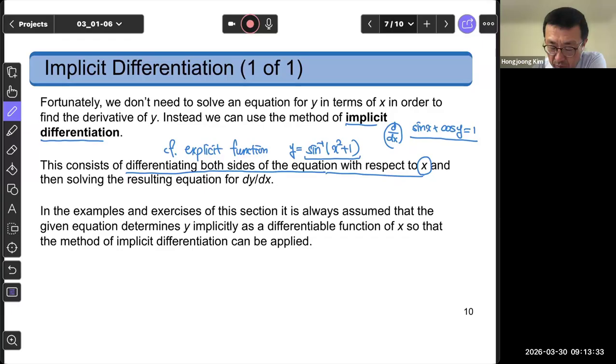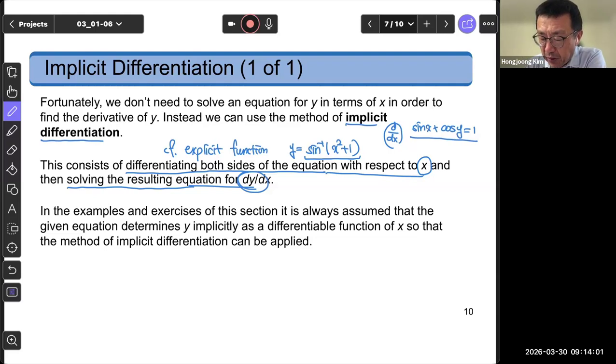Then we can solve the equation for dy dx, because every term on the left will have dy dx. So I can combine them using dy dx as a common factor, and then use the resulting coefficient to divide the equation. Okay. So I will introduce some more.